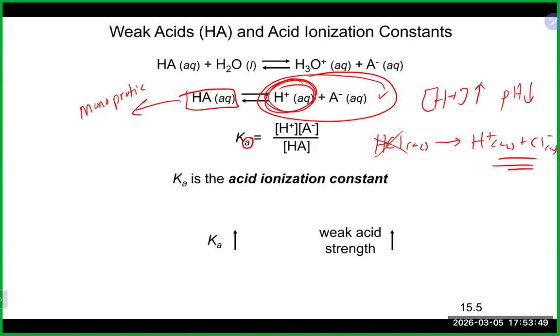Also, another way to recognize whether you are dealing with a strong acid or a weak acid: if you see a Ka in the problem or in the table that relates to whatever acid you're dealing with, it's a sure bet it's a weak acid. So again, that's another way you can very easily recognize that you are dealing with a weak acid. Any questions on that?